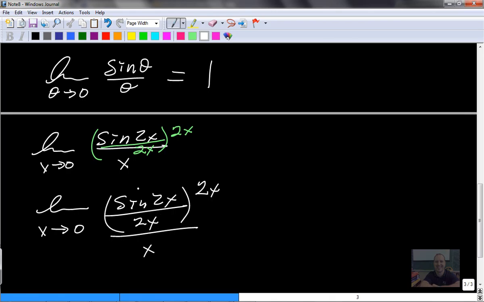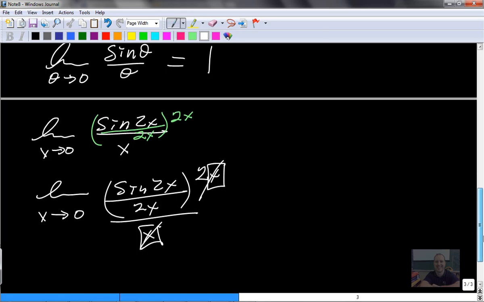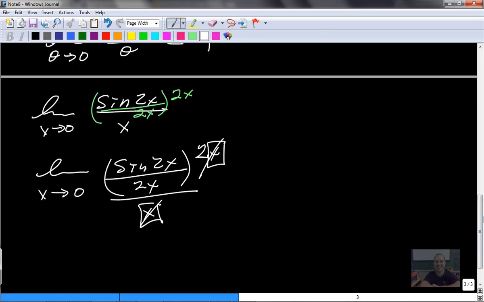You see what we've really done is multiplied the numerator by 2x over 2x. Then we see that I have an x up here and an x here, and those cancel out. And so we have the limit as x approaches 0 of 2 times sine of 2x over 2x.